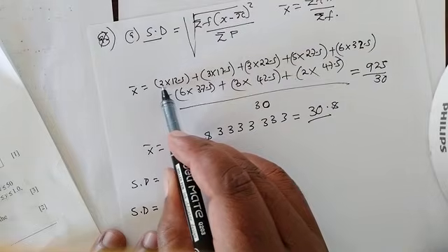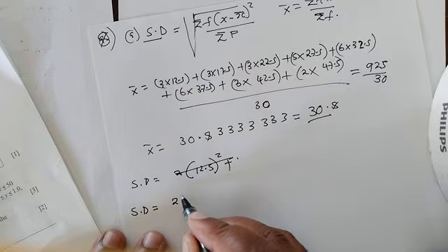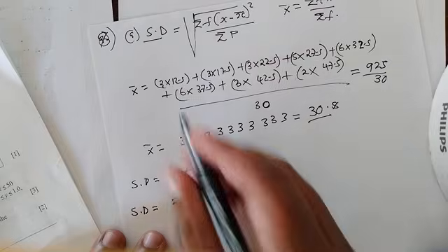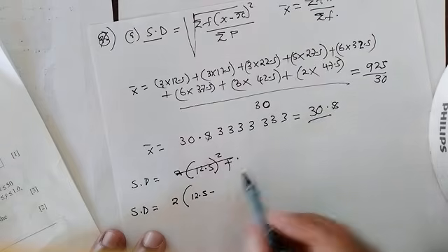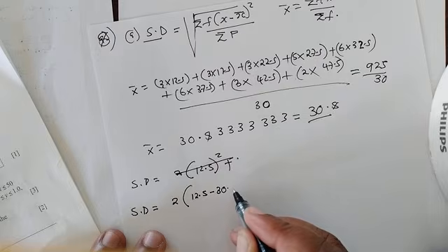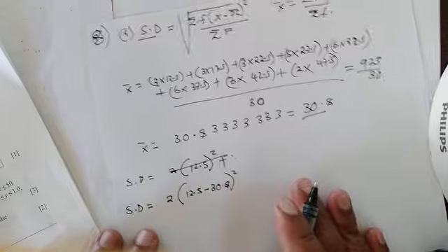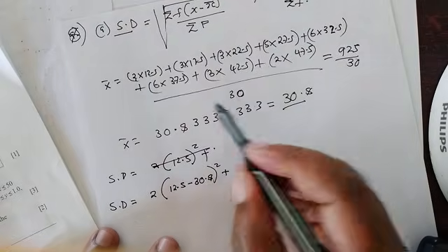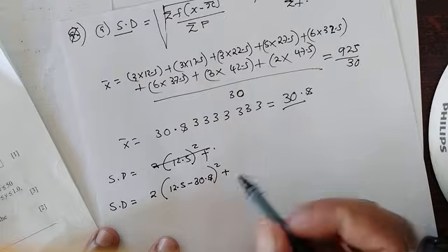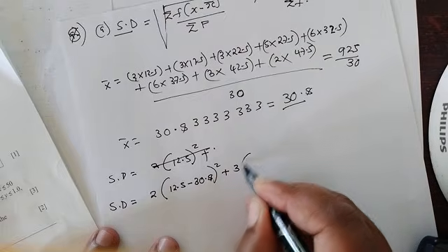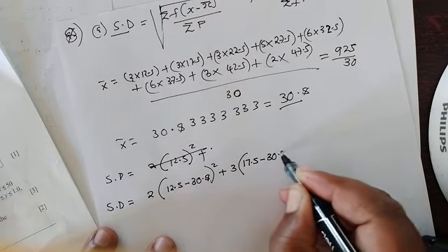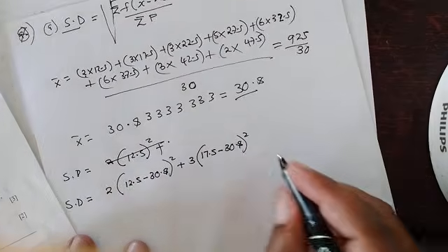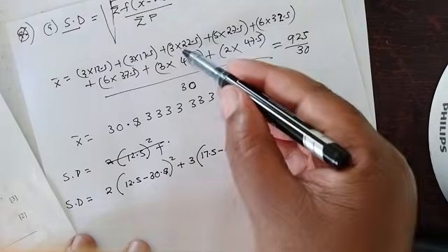It's 2. Open the bracket. What is my x? 12.5, minus what is my mean? 30.8, squared. We do the same. Plus 3 is my frequency, open the bracket, 17.5 minus 30.8 squared.